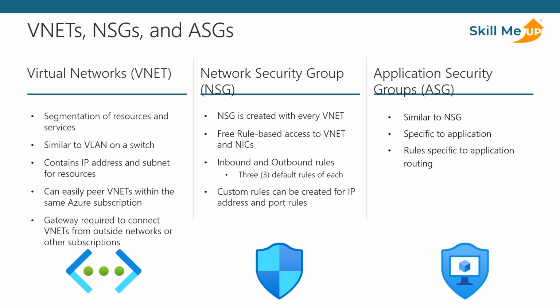And you have the ability to create custom rules to allow or deny certain traffic from certain IP addresses or ports within the environment. So it provides a very rich layer of free access control within your environment. VNets and network security groups both, as I said, are free within the Azure environment.